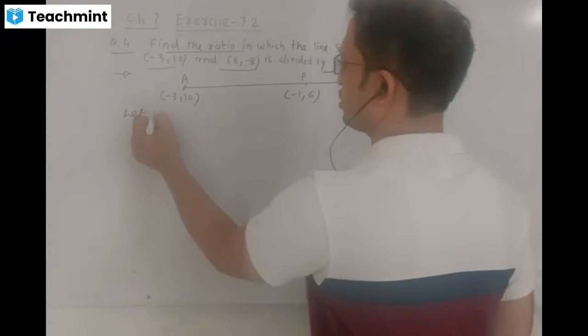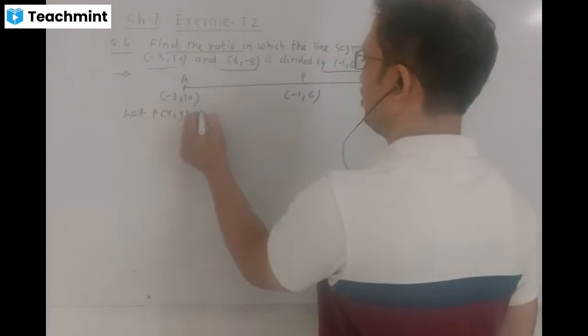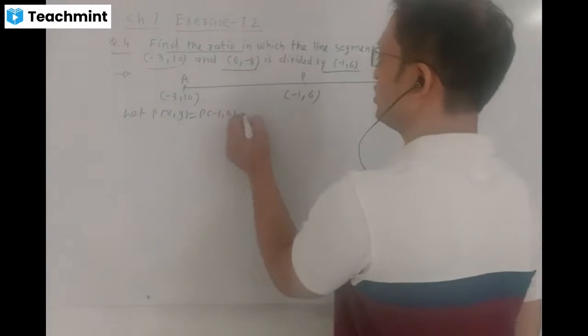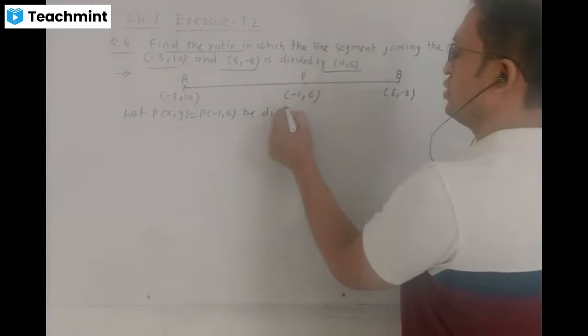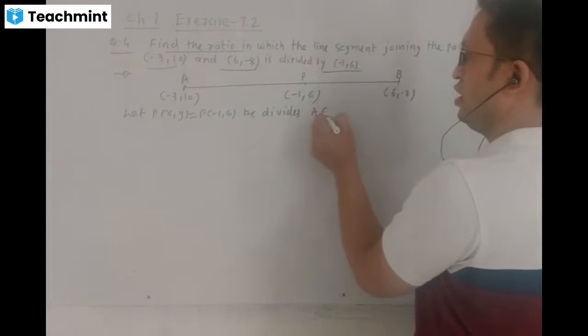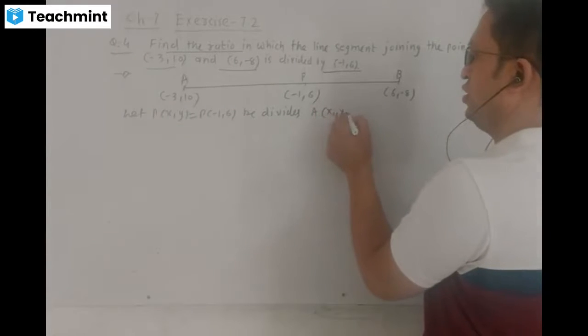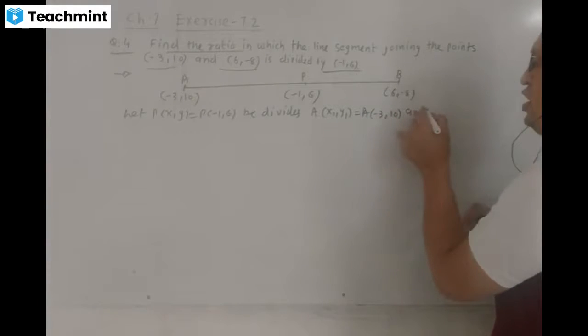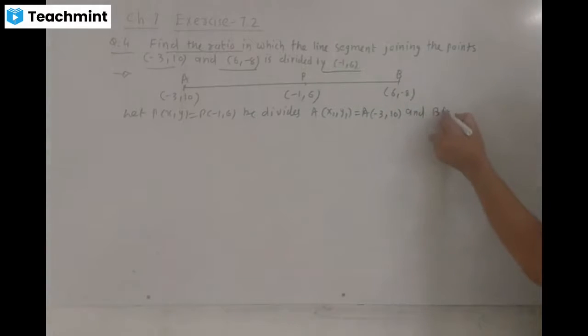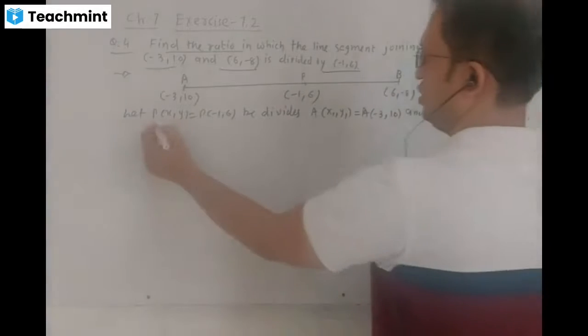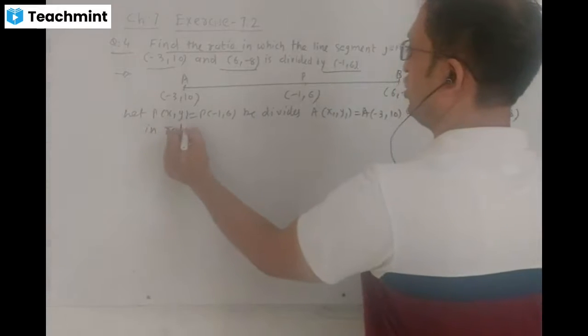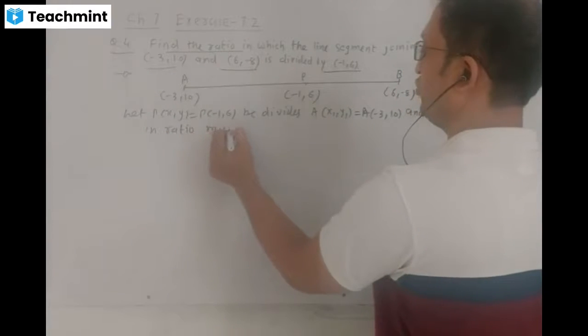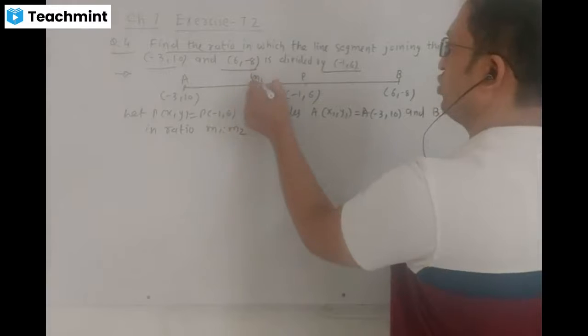Let P(x, y), that is P(minus 1, 6), divide A(minus 3, 10) and B(6, minus 8) in the ratio m1 is to m2. Find the ratio m1 is to m2.